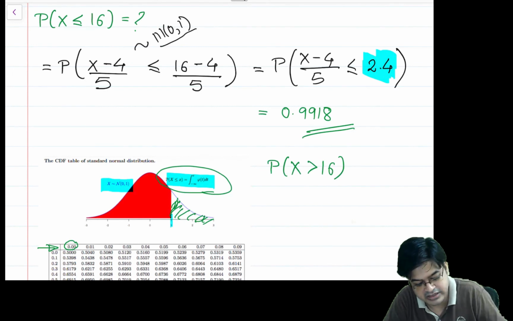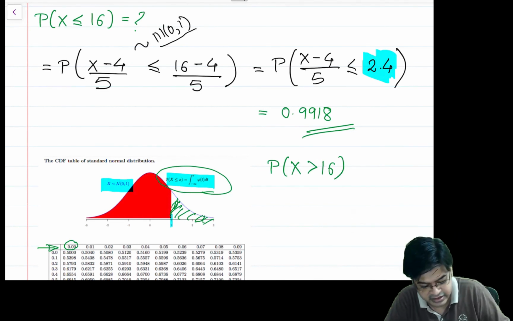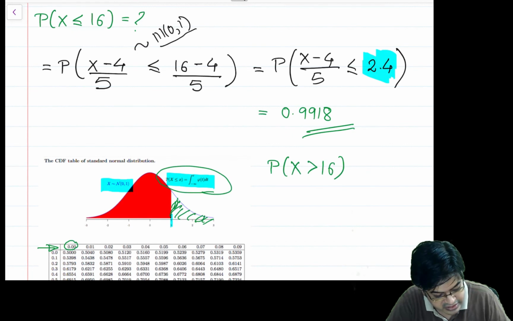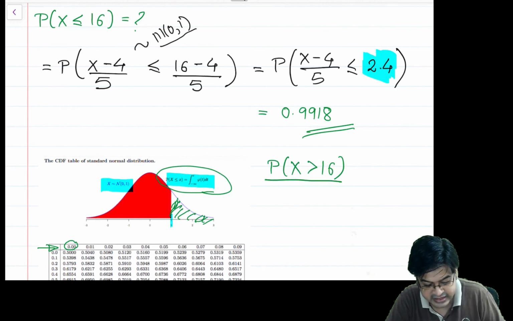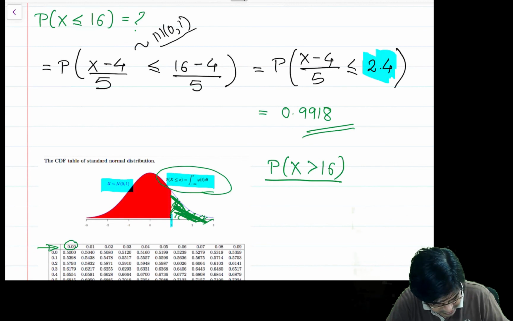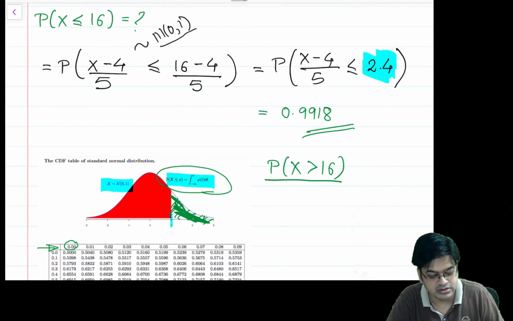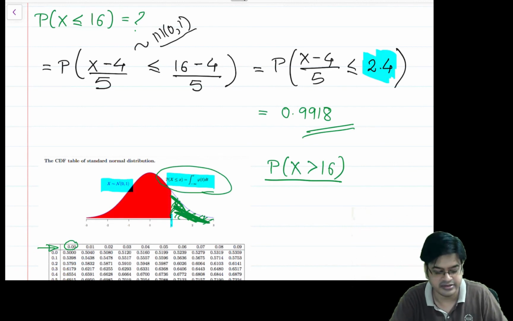But suppose you are asked to compute a probability of this kind, then you cannot go ahead with this particular table and compute the probability directly, because this is asking for x greater than 16. That means whatever is the shaded region, right? So shaded region, shaded with a color green.